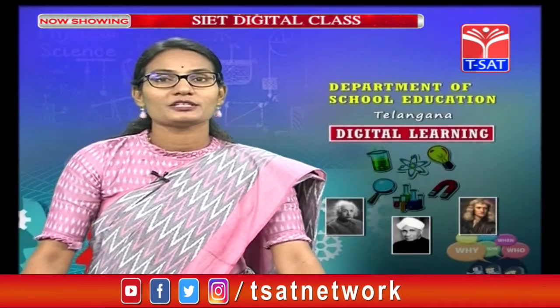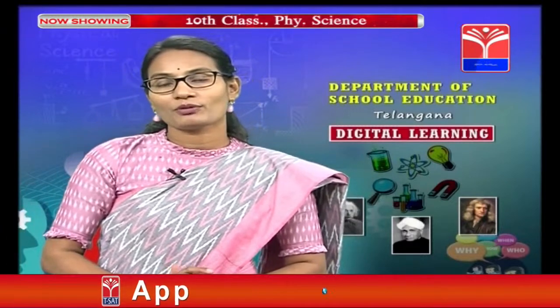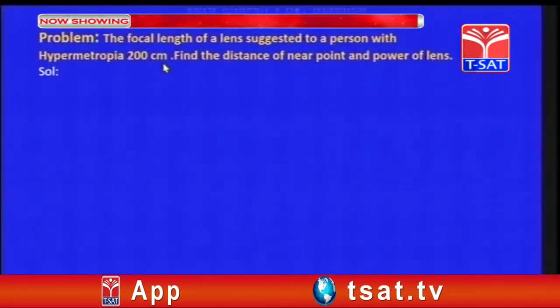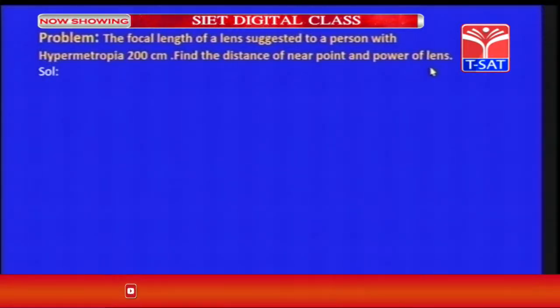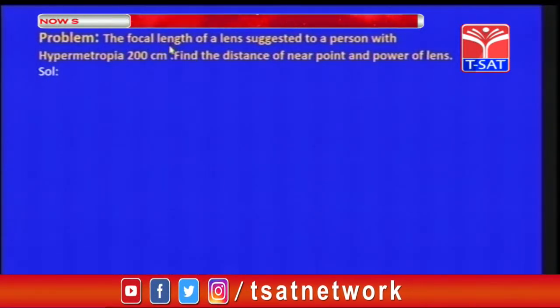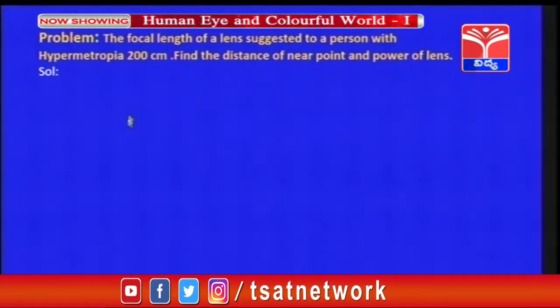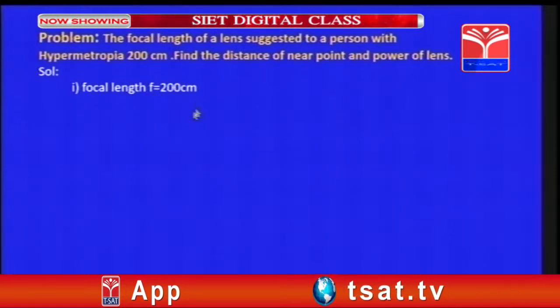To understand this power of lens, let us do one small application problem. The focal length of a lens suggested to a person with hypermetropia is 200 centimeters. Find the distance of the near point and the power of the lens. So the focal length of the lens is 200 centimeters.